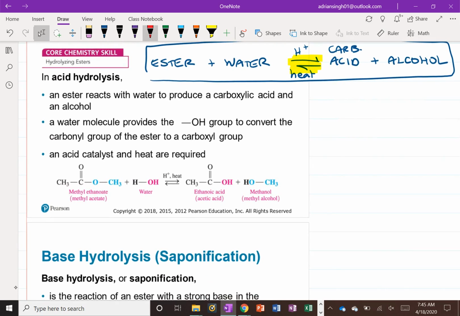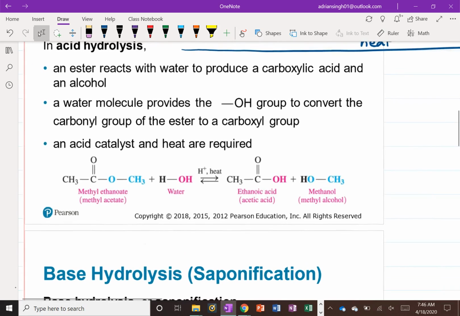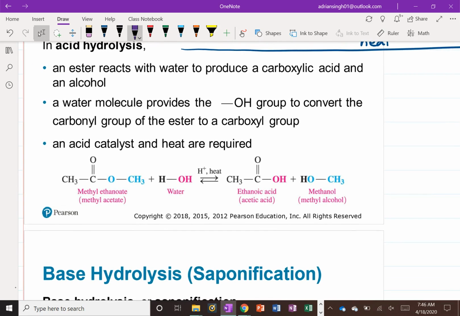The water molecule in this reaction is going to provide the OH group to convert the carbonyl of the ester into the carboxyl group, and then the other H from water is going to go to the alcohol itself. If you take a look at an example, we have our ester methyl ethanoate. What you want to do is identify that ester bond, and we're going to break it right down the middle.